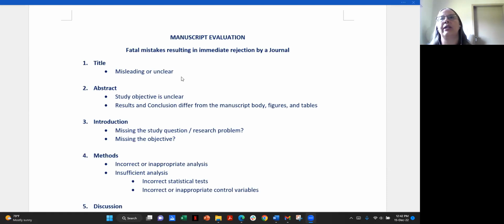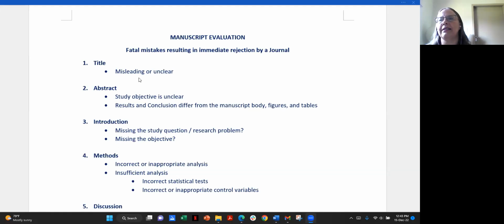In the method section, something that journal editors will look at is if you have done incorrect or inappropriate analysis. If you've used an old method when there's a new method, or if you've just totally decided to make up your own method that is just not on and hasn't been proven. Also, insufficient analysis.